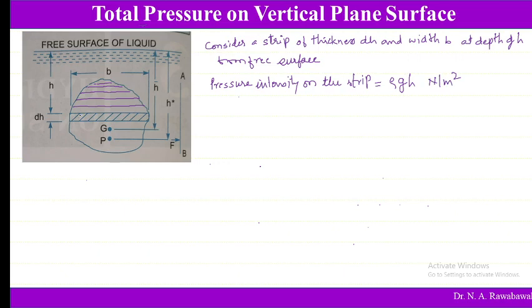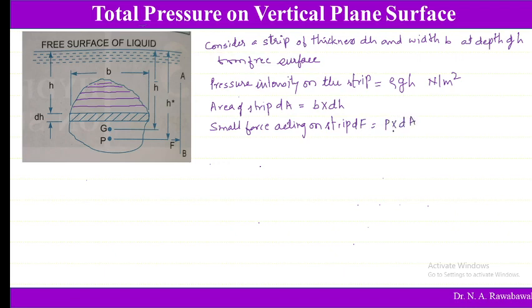So now if we want to find out the area of this strip, that is small dA, it is given by breadth into thickness of this strip. So to find out the small force acting on the strip, that is dF, is equal to pressure intensity P into small area dA.